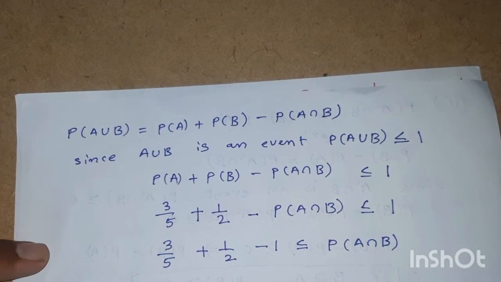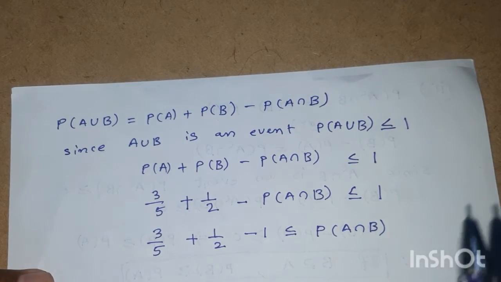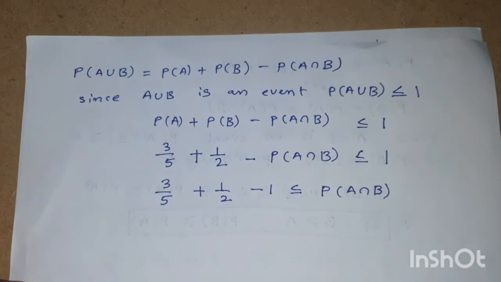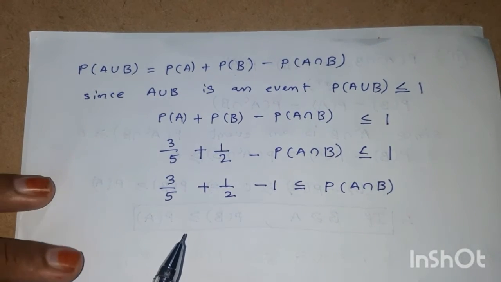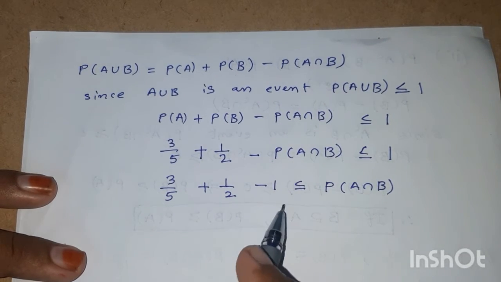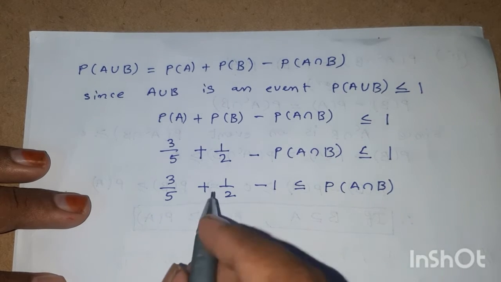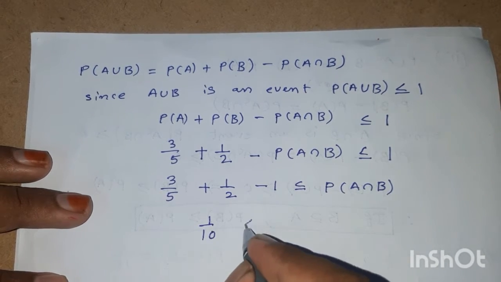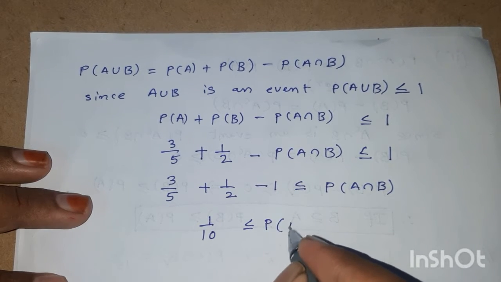Put this term on the right side and 1 on the left side of the inequality. By solving this we get 1/10 is less than or equal to P(A ∩ B).